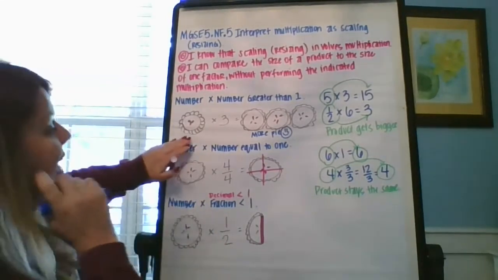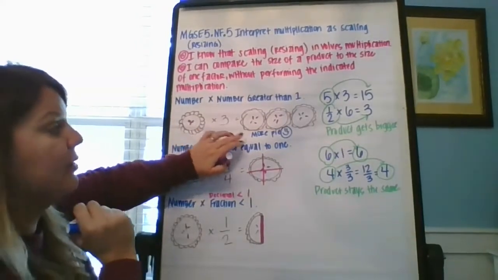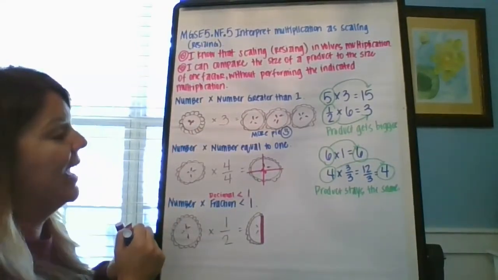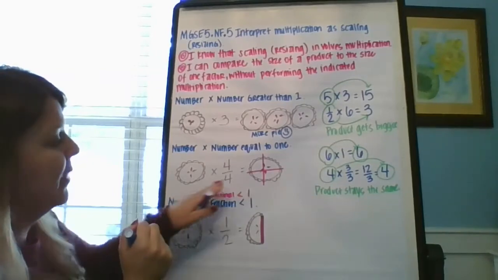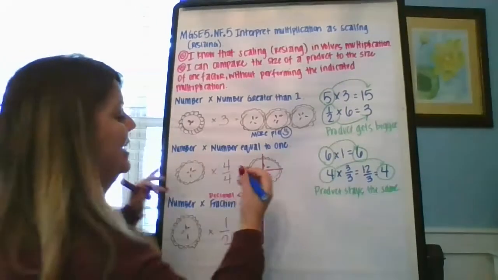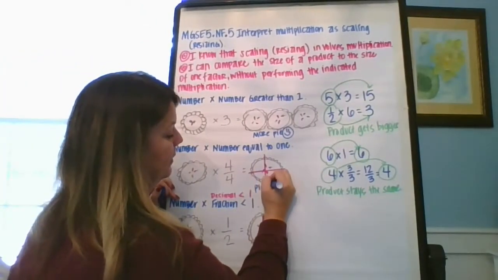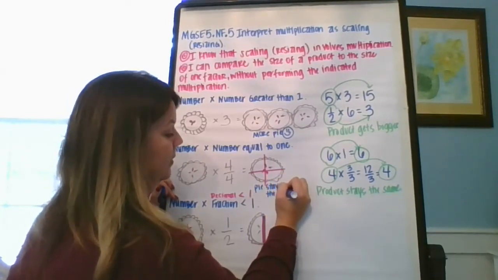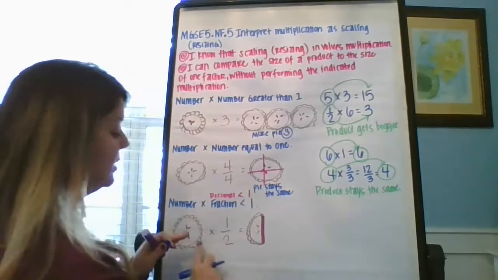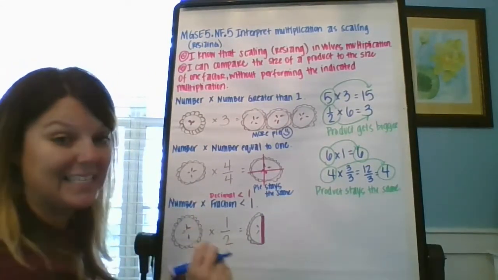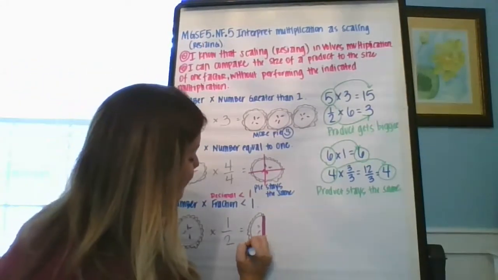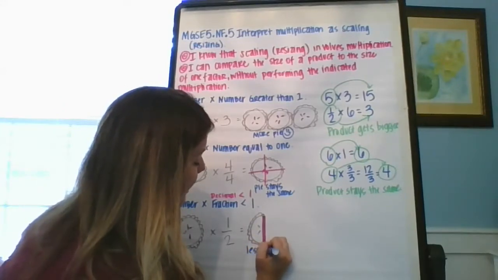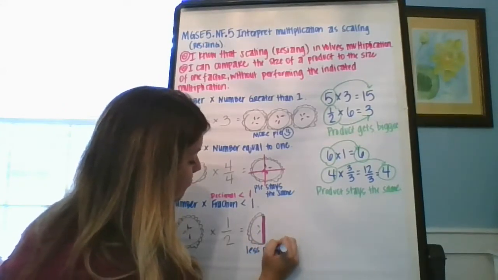If you multiply it by a number greater than 1, you're going to get more pie. If you multiply it by a number equal to 1, your pie stays the same. But if you multiply it by a fraction or decimal less than 1, you have less pie.